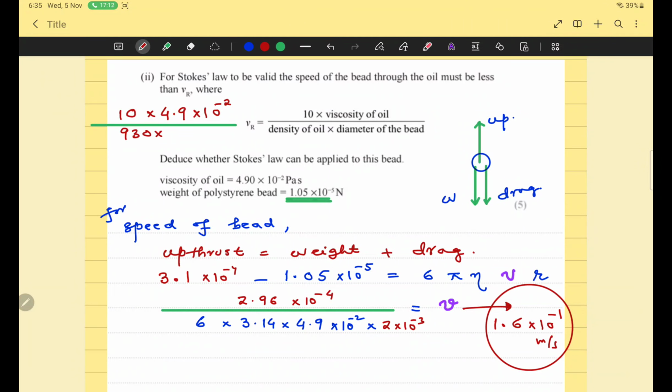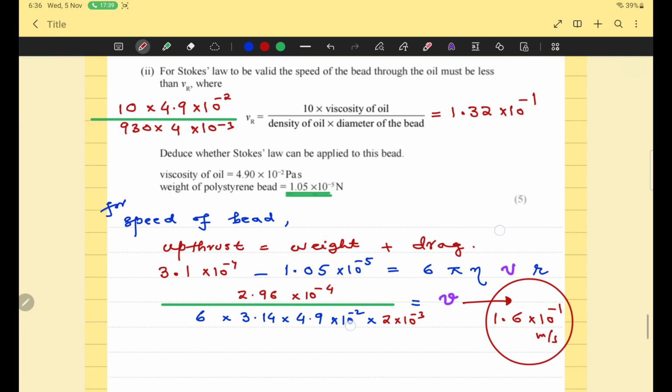And diameter of bead is also given, 4 × 10^-3. If you calculate VR, what is VR? You calculate yourself, do not copy. The value of VR is 1.32 × 10^-1.